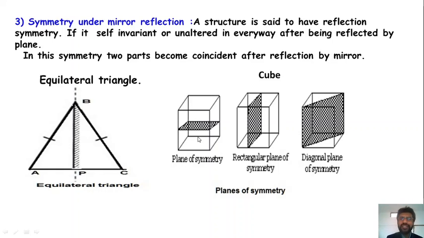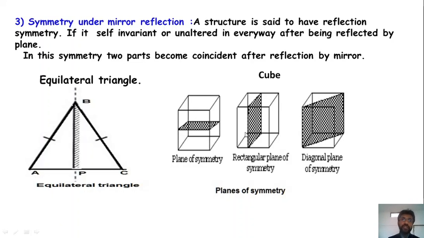So this is the horizontal position of the mirror. We can see the reflection of this half part of the cube inside the mirror, and there we can see the reflected and the original part, and you will get the original cube here. There is no change in its symmetry.